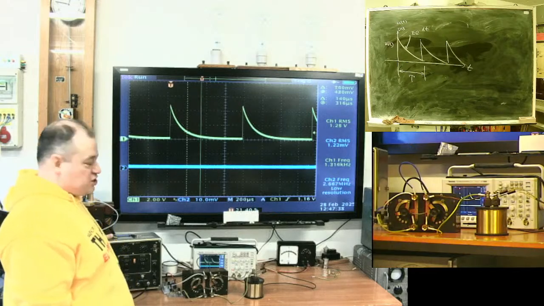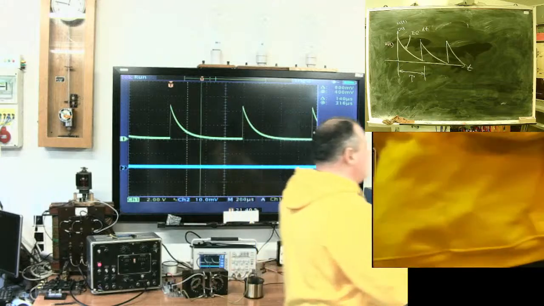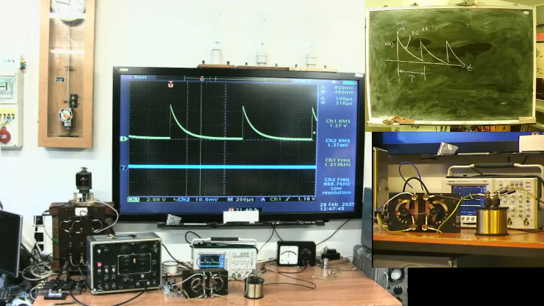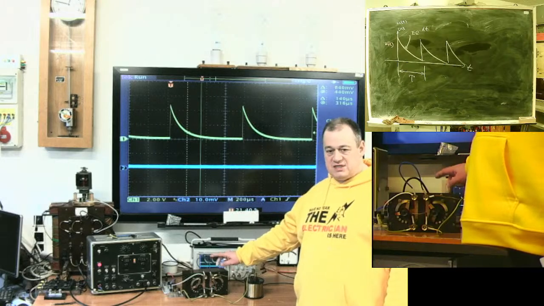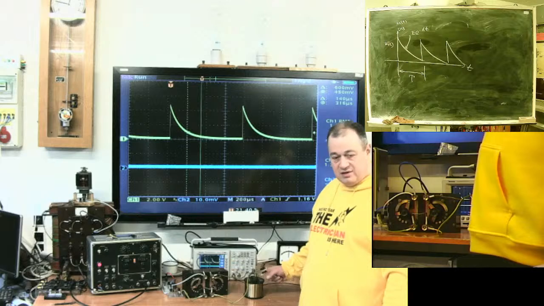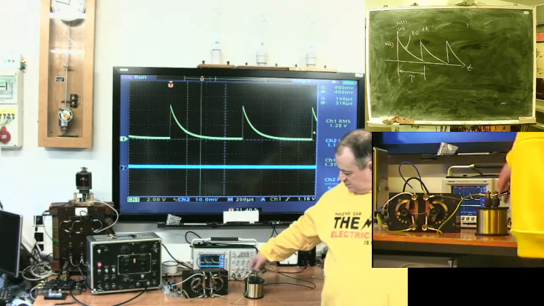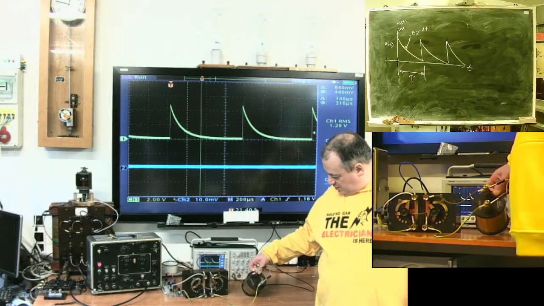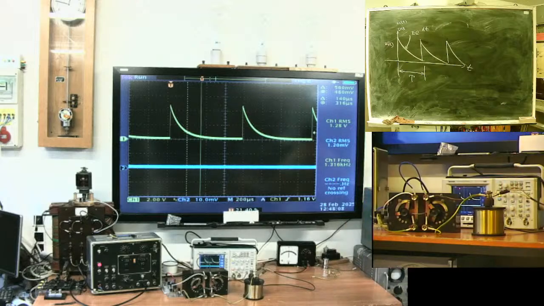I have a pulse generator powering an RC network. A one microsecond pulse of 5 volts charges this capacitor box, and then it discharges through 100,000 ohms.